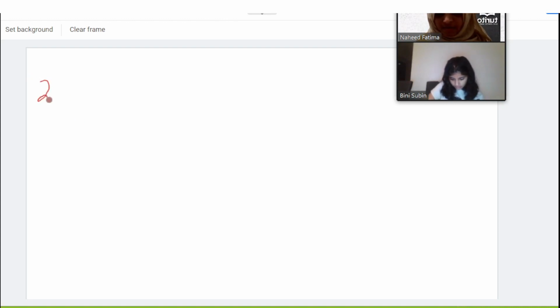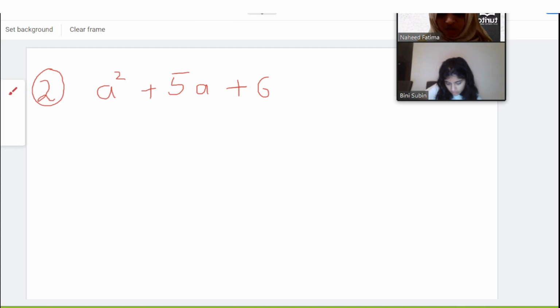Our second sum is a square plus 5a plus 6. Again, I'll be comparing it with my standard equation.